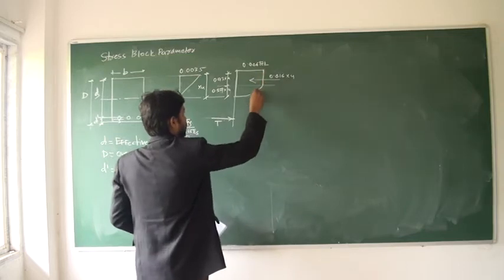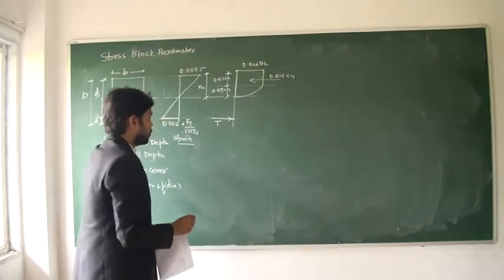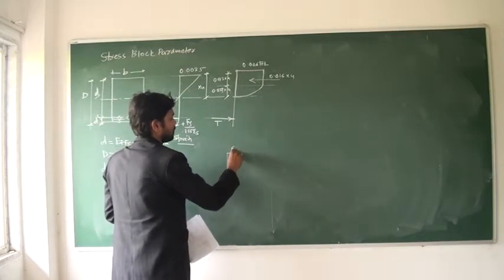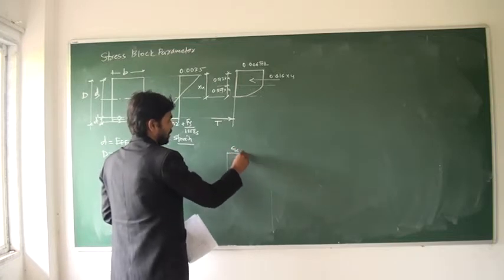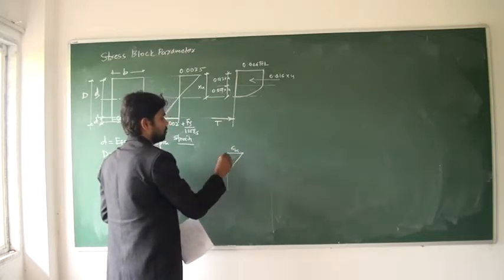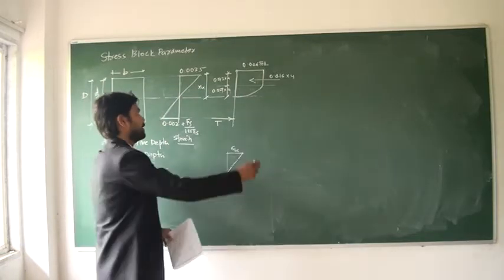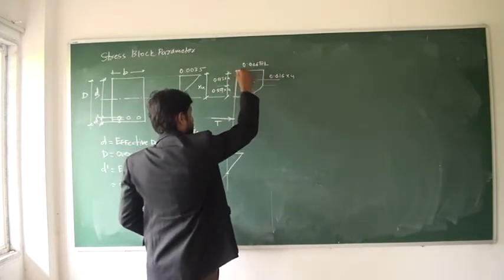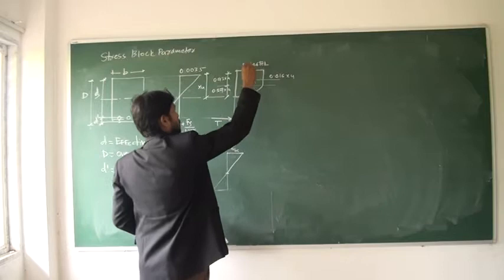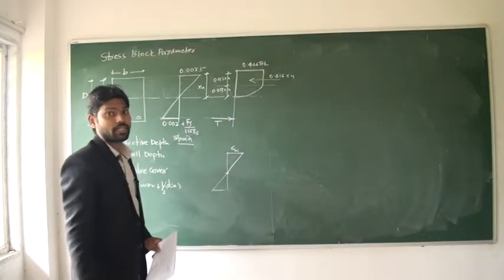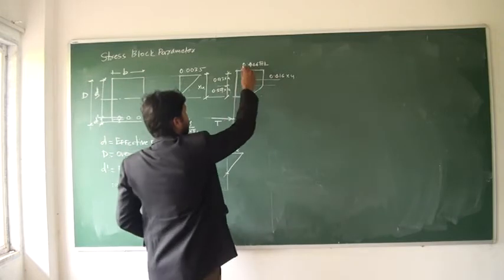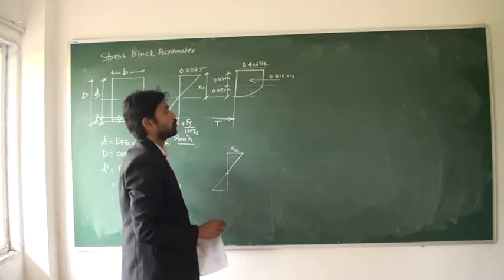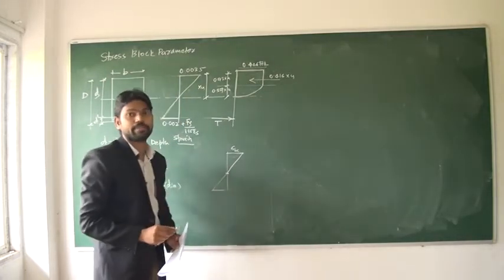This is our stress block for the concrete section. In working stress method we assume that the stress variation is linear. This is maximum stress sigma CBC at the top, and it will vary linearly and be 0 at the neutral axis. But in the limit state method it is different. Maximum stress will be at the top, and as per our stress strain curve of concrete, the maximum stress allowed is 0.446 FCK, where FCK is the characteristic compressive strength.